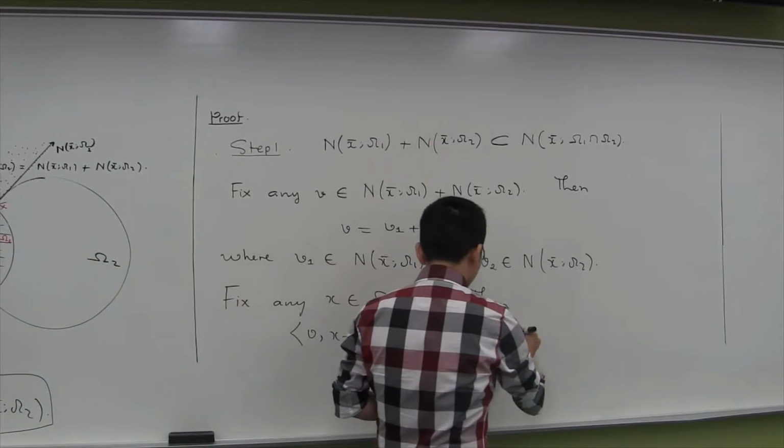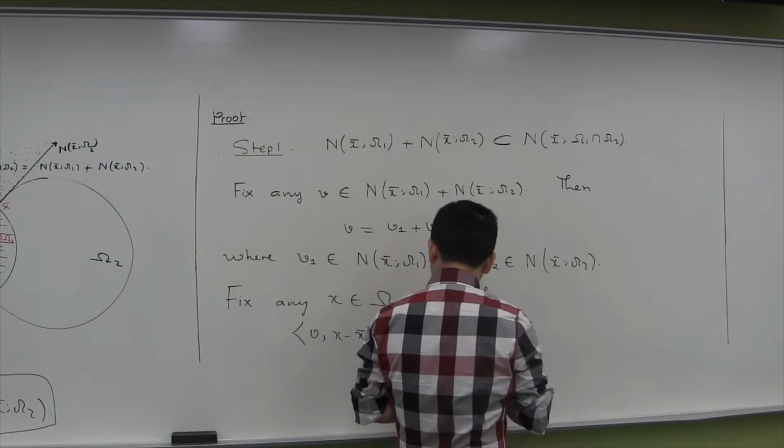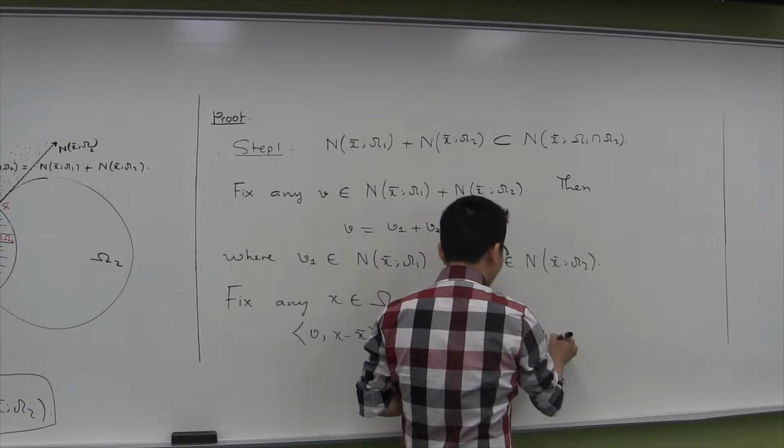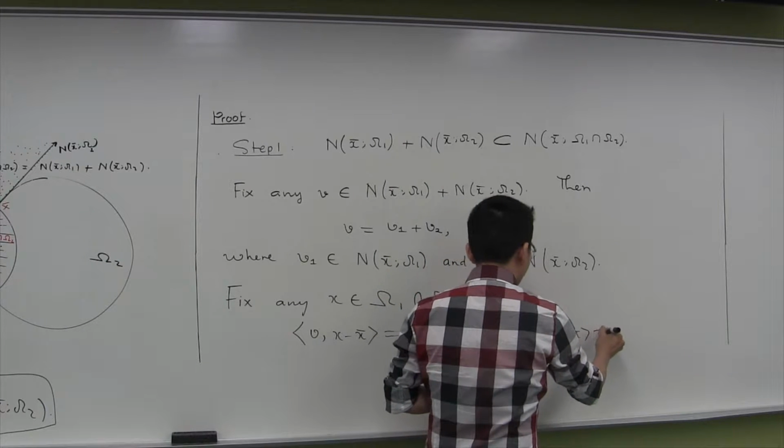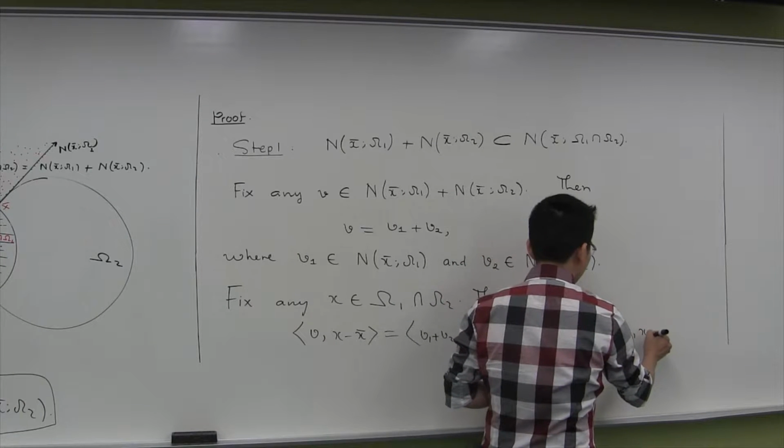So by a property of the inner product, this is equal to the inner product between v1 and x minus x bar plus the inner product between v2 and x minus x bar.